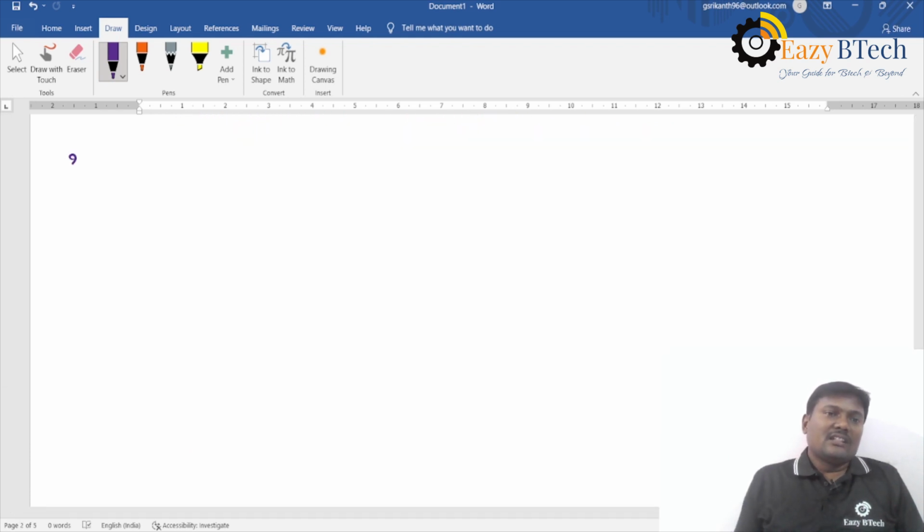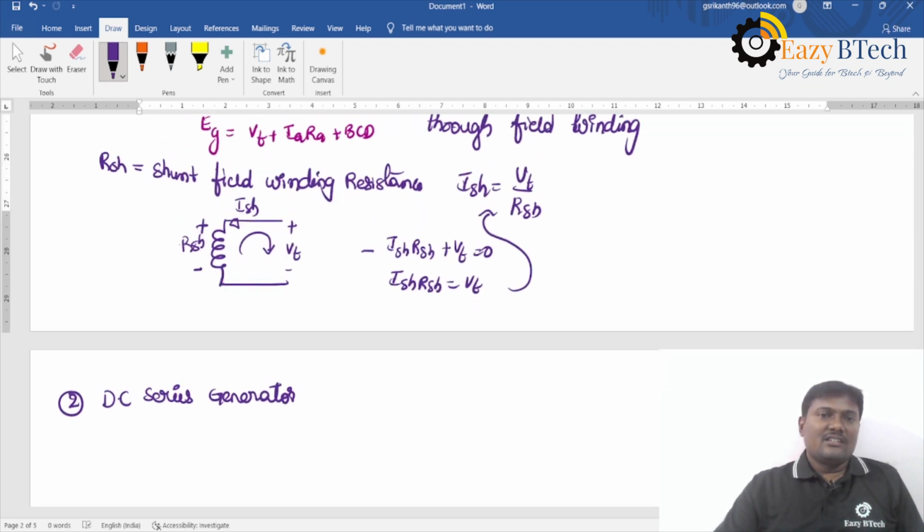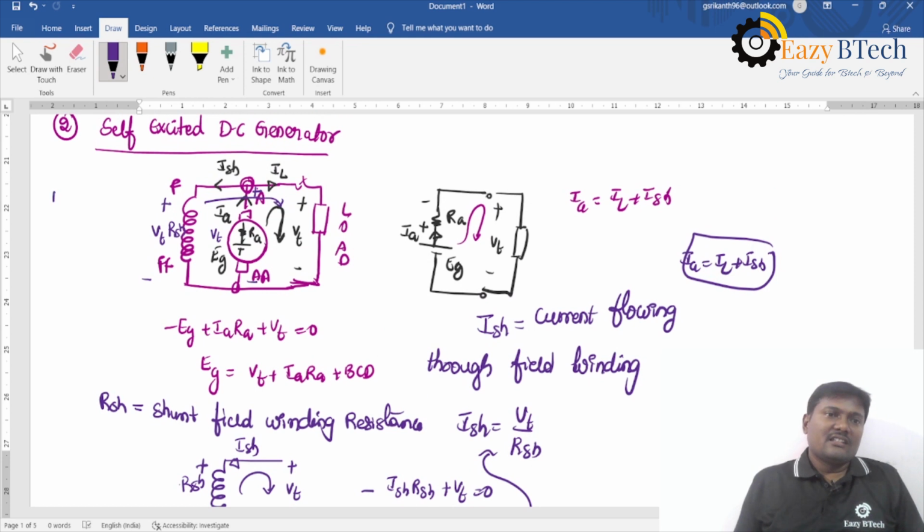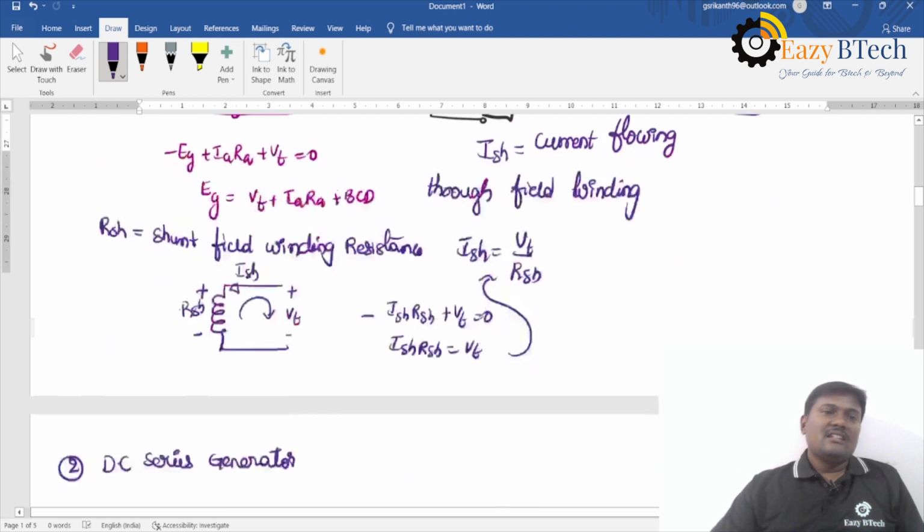Now, the second connection is called the DC series generator. The first one is the DC shunt generator. This type of connection is called the DC shunt generator, under the category of self-excited DC generator.